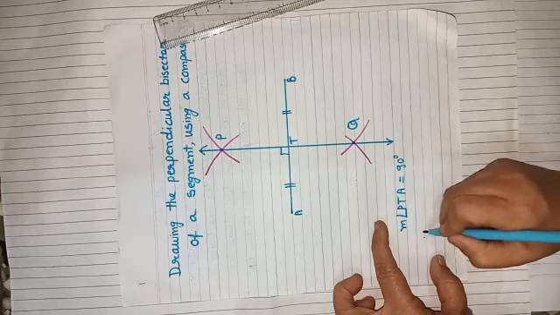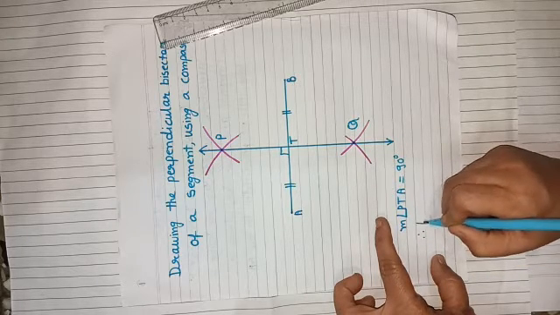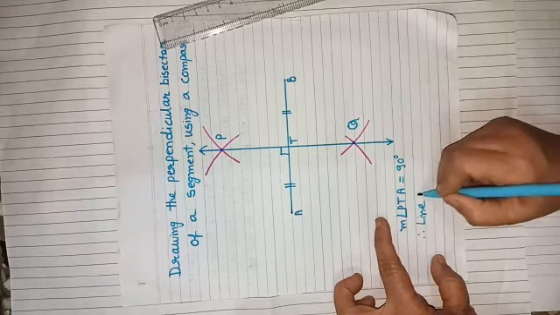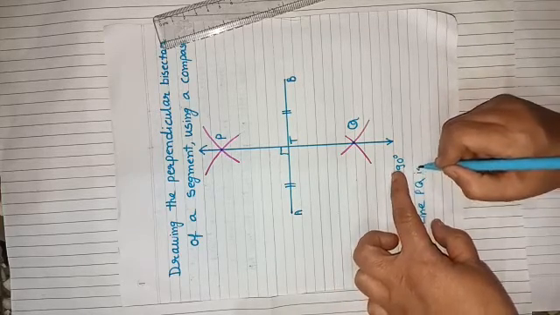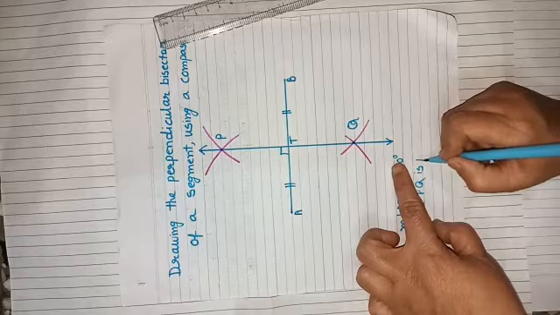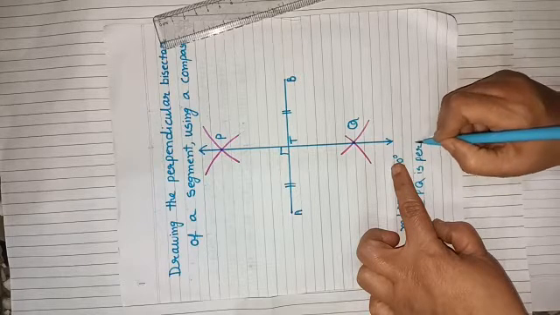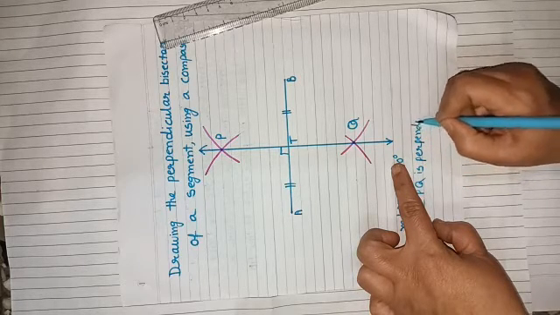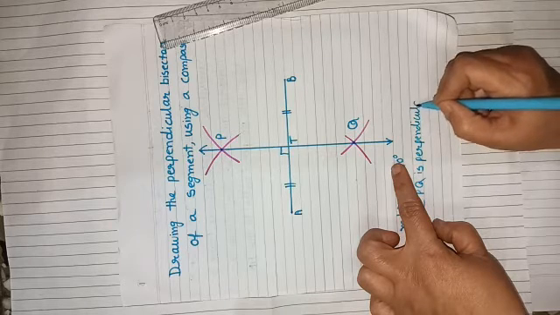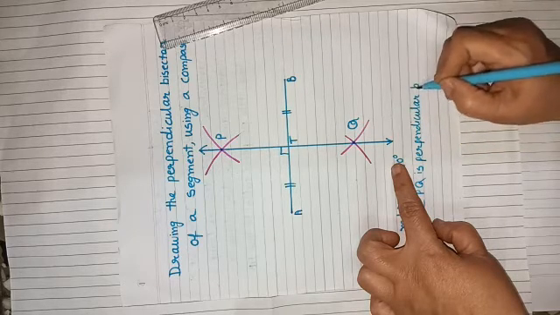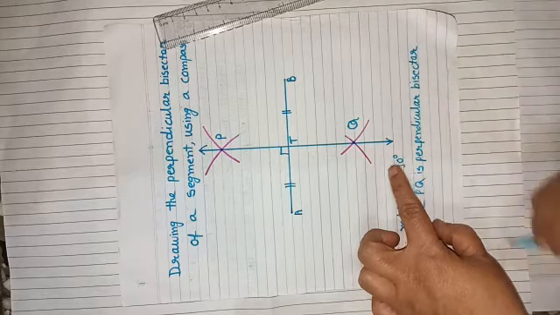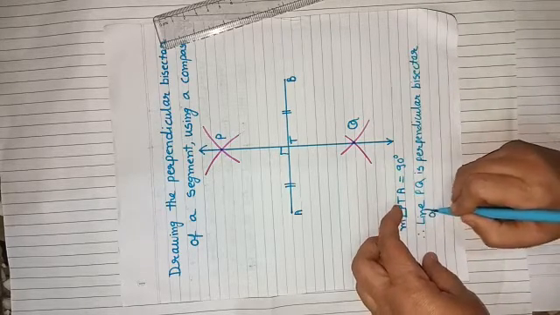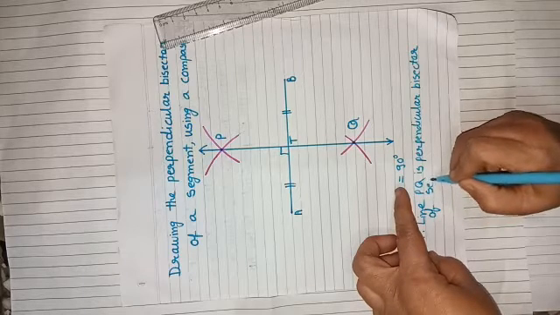Therefore line PQ is the perpendicular bisector of segment AB.